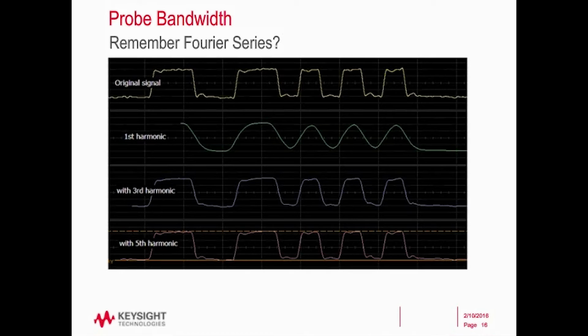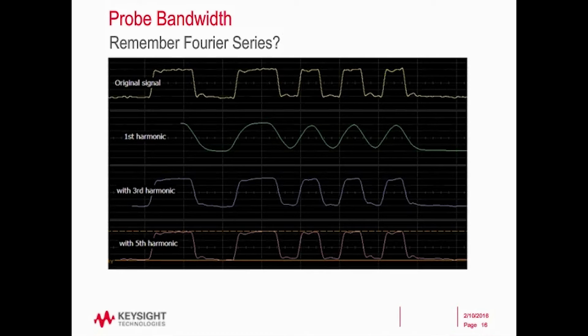So in the example I've got here, I've got my original signal. And if I look at the first harmonic of this, what I see is a signal that has about the same kind of period and duty cycle, but notice that the rising edges are much slower and the corners are rounded off. Now, if I add on top of this first harmonic, if I go out to the third harmonic, I can see now that I've got faster rising edges and my corners are getting crisper.